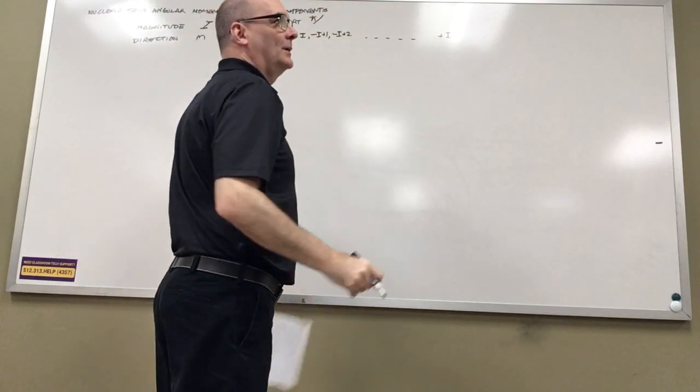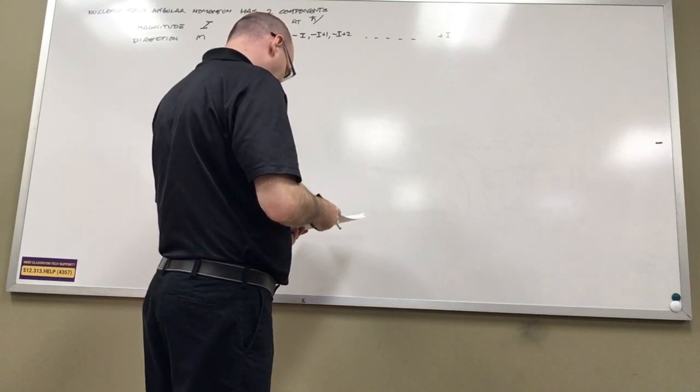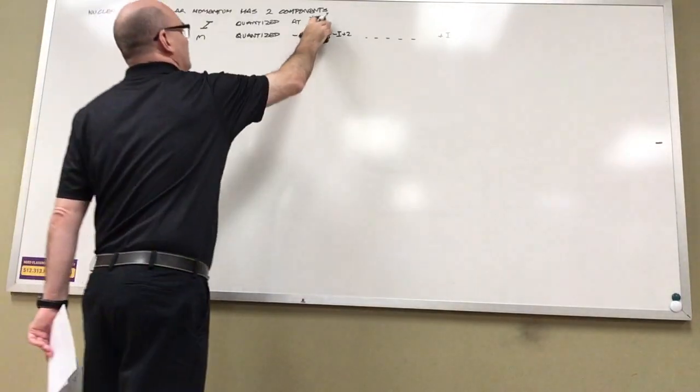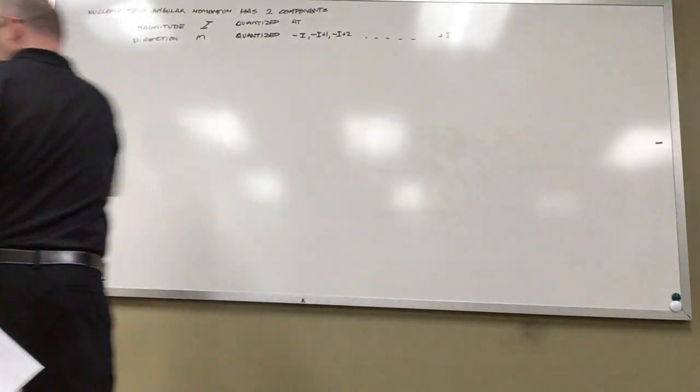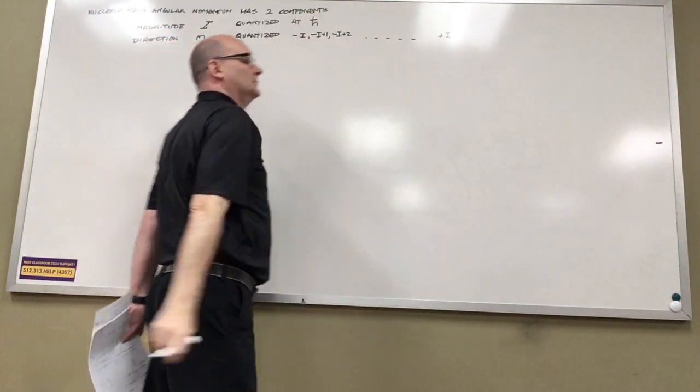I just say the h bar. Do I need the 2 pi? I don't need the 2 pi. It's Planck's constant.